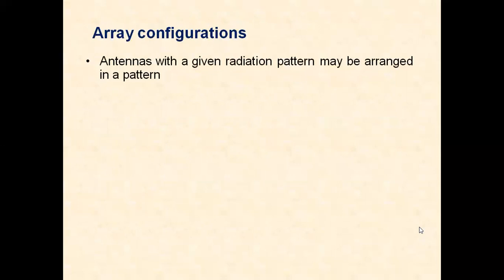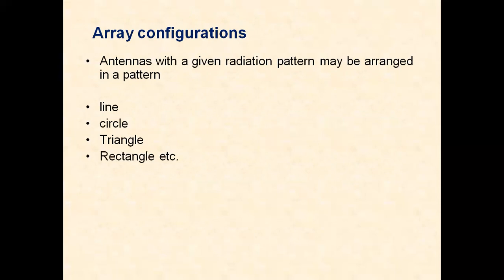Array configurations: antennas with a given radiation pattern may be arranged in a pattern. We can arrange the elements in the form of a line, or in the form of a circle. There are different arrangements. We can arrange the elements in the form of a triangle, taking 3 elements, or a rectangle, taking 4 elements.